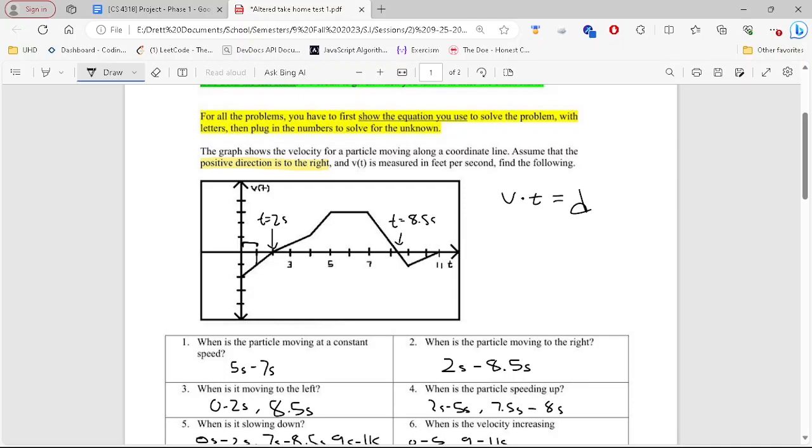So the area under this curve is going to be distance. Well, more precisely, it's going to be displacement because there is a direction.